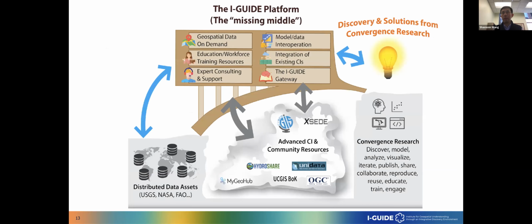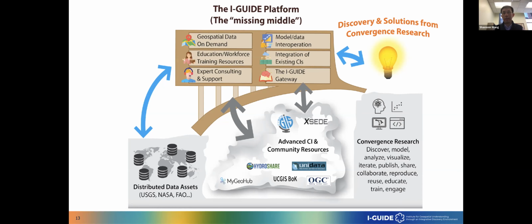So, why we need to establish iGuide platform. If you would pursue scientific investigations into the problems I alluded to earlier, it requires the integration of different disciplinary expertise. You would require data from different domains, and they're likely hosted in different places.